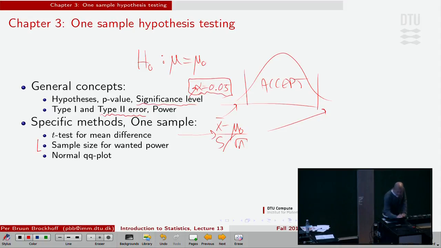And then we could also turn this around slightly more intelligently than we did before with the confidence interval. We can be precise about the beta and the power. Power is 1 minus beta. Power is the probability to detect an effect if it's there to be detected.